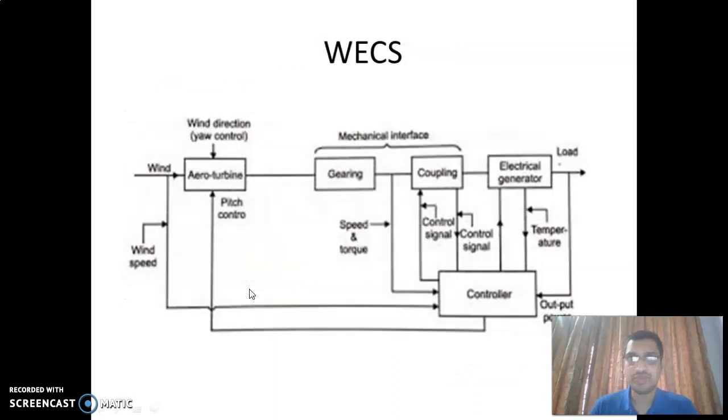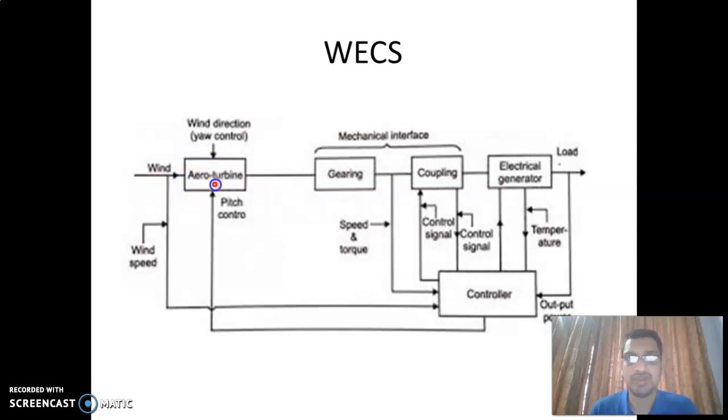This is the block diagram of the WECS system. The main components of WECS are the aero turbine, which is a wind turbine, then a mechanical interface, an electrical generator and a controller. Initially, the wind is allowed to fall on the turbine.